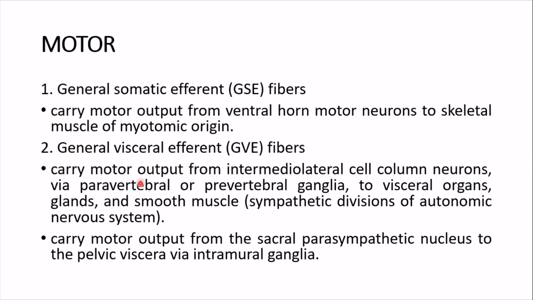They carry motor output from the intermediolateral cell column neurons via paravertebral or prevertebral ganglia to visceral organs, glands, and smooth muscle, which is the sympathetic division of the autonomic nervous system. They also carry motor output from the sacral parasympathetic nucleus to the pelvic viscera via intramural ganglia.